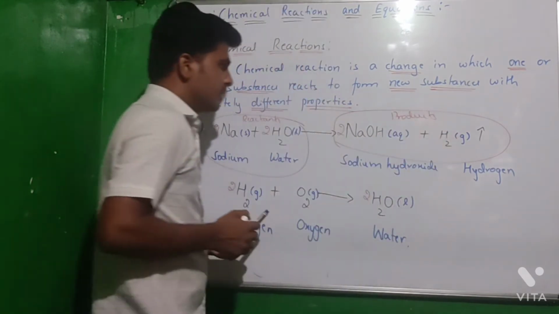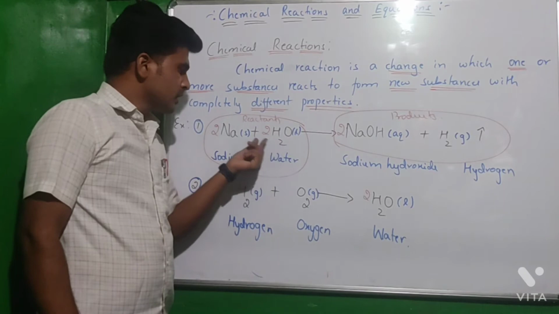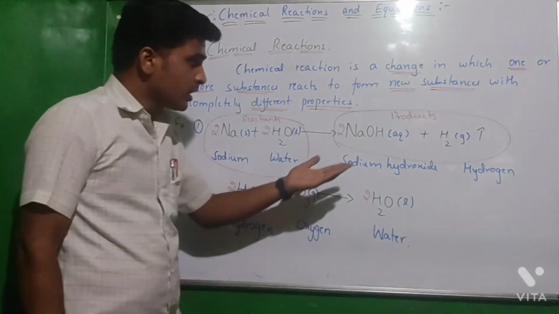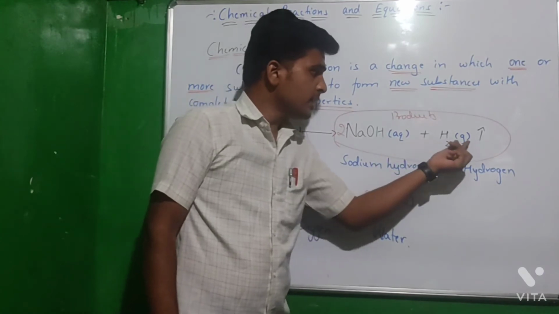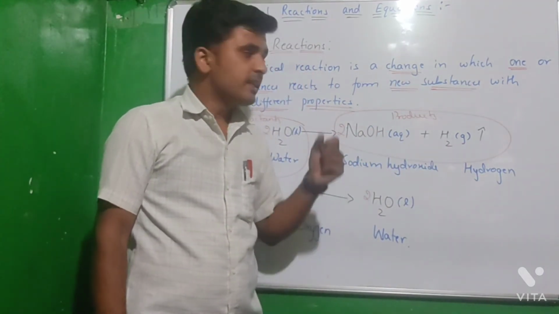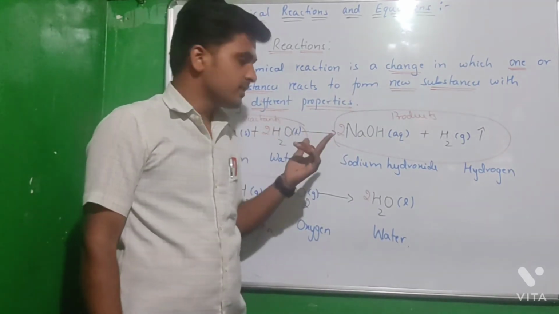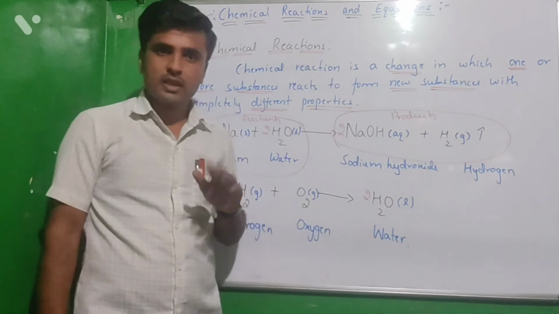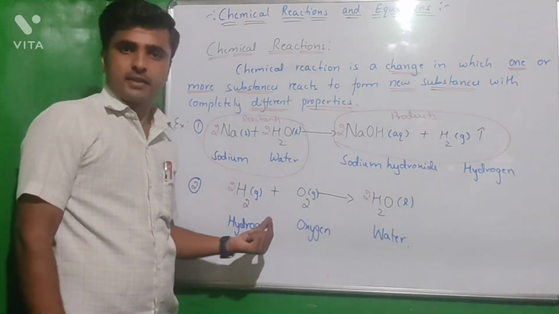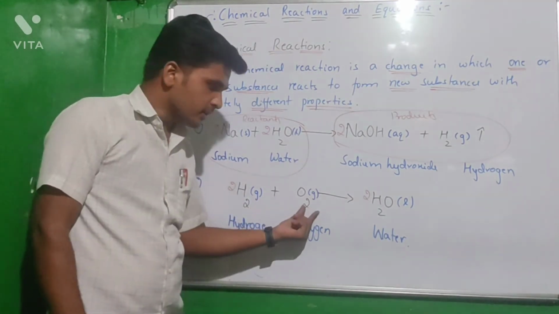The sodium and water are in solid and liquid states respectively, but the products are in aqueous and gaseous states respectively, so they have completely different properties. So this is a chemical reaction. Consider a second example, the formation of water.